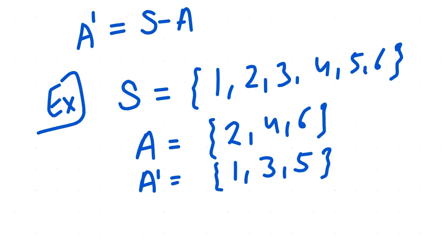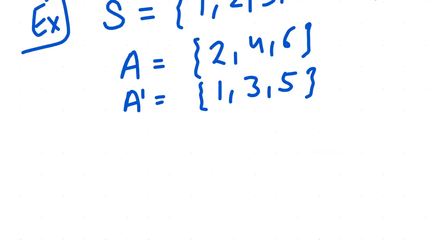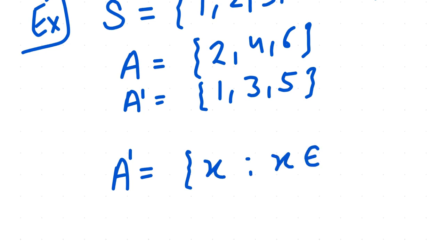Or we can define it as A dash is equal to X such that X belongs to S but X does not belong to A. Either we can define it as A dash is equal to S minus A, or by using this.